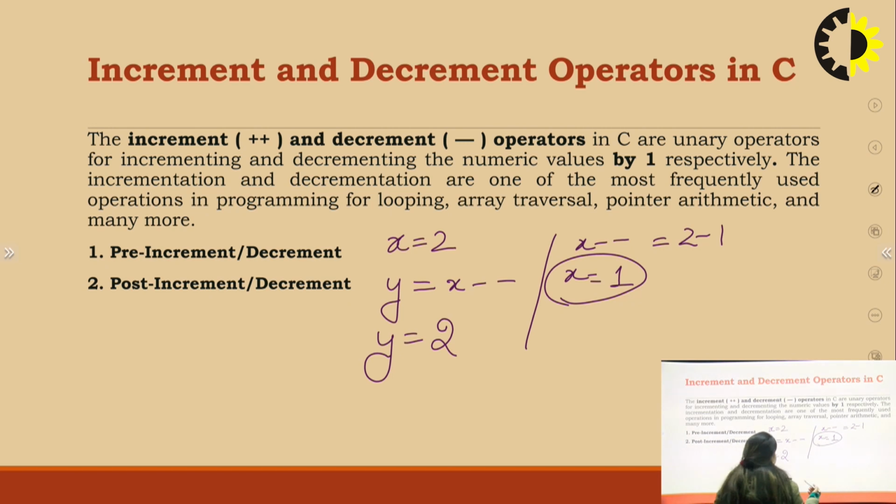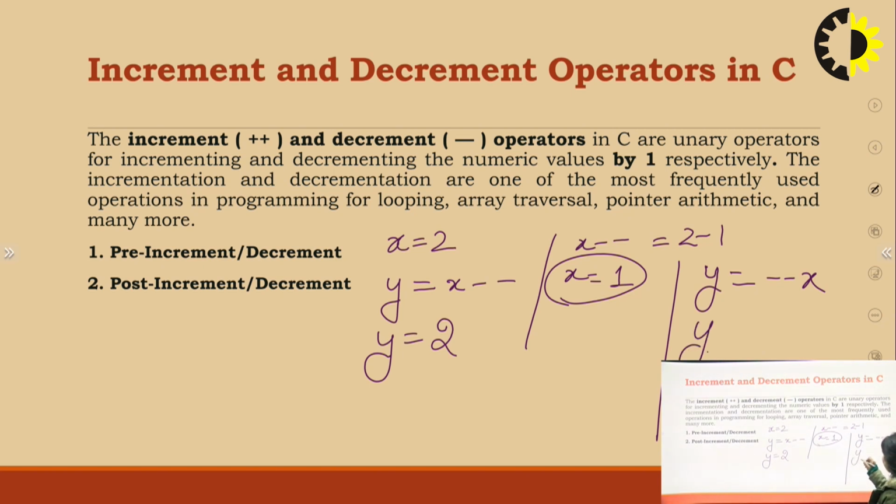And if we talk about pre, let's say y is equals to minus minus x, this is pre-decrement. If the x value is 2, then for y you will have 2 minus 1, that is 1.